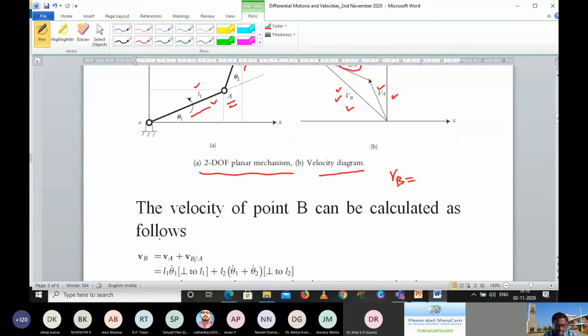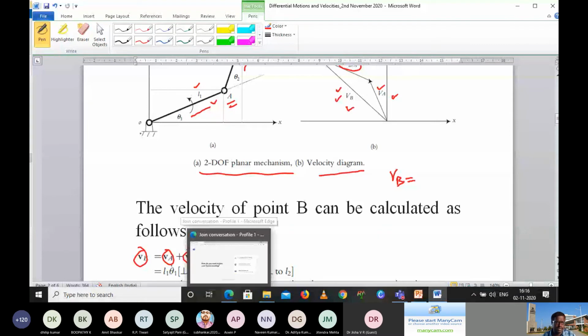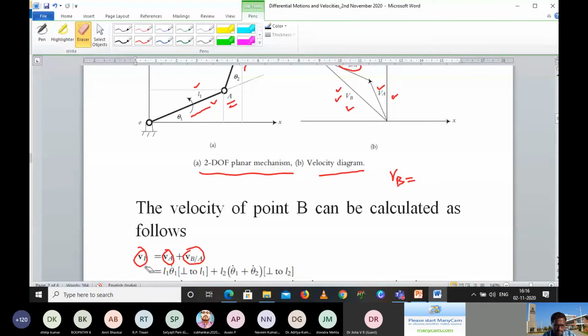You are taking VB, VA, and then VB by A. I think those who have taught kinematics of machines will easily relate to what I am teaching. For others, it's simply a kind of vector approach. That is, velocity at B is equal to VA plus VB by A.